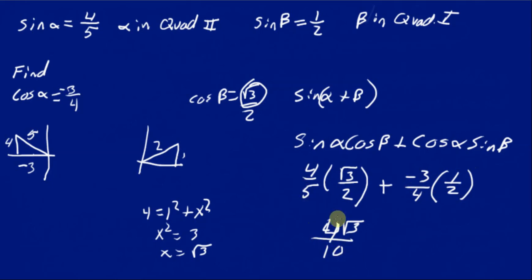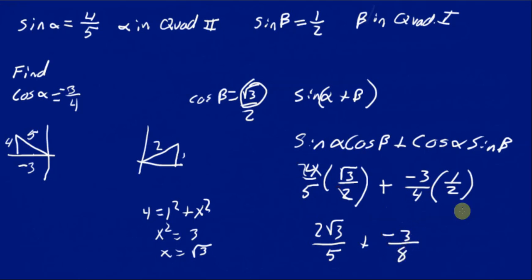Let's go ahead and change that up a bit, because I'm going to go ahead and reduce that fraction. All right, so the 2 goes into the 4 here 2 times, giving me a 2 root 3 over 5. And this is going to give me plus a negative 3 over 8.